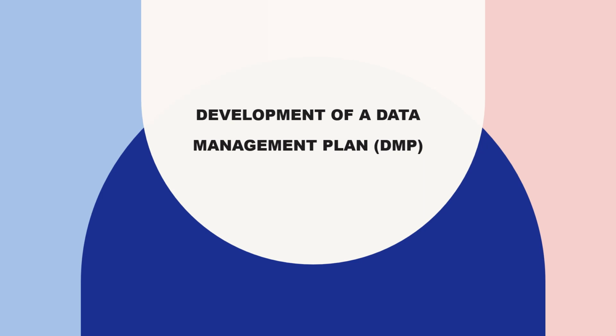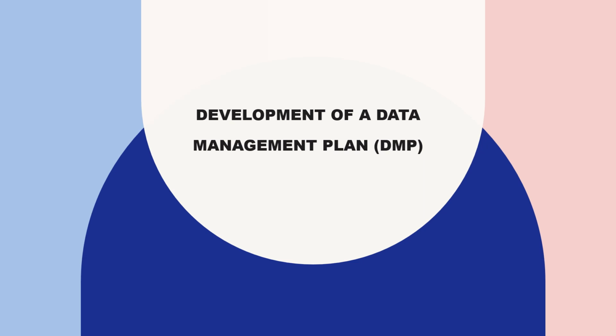A DMP is a document that describes how research data will be managed throughout the research project and after it has been completed. DMPs are important because they help to ensure that research data is accurate, organized, accessible, secure, and reusable.